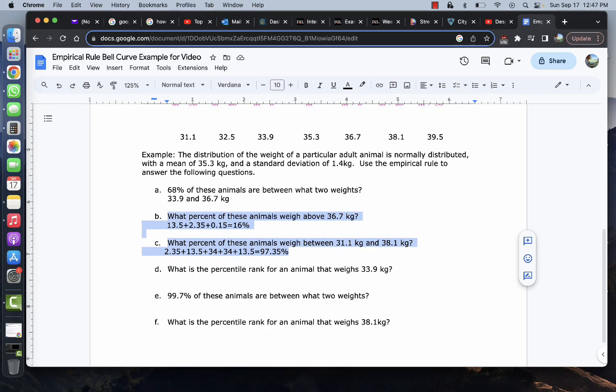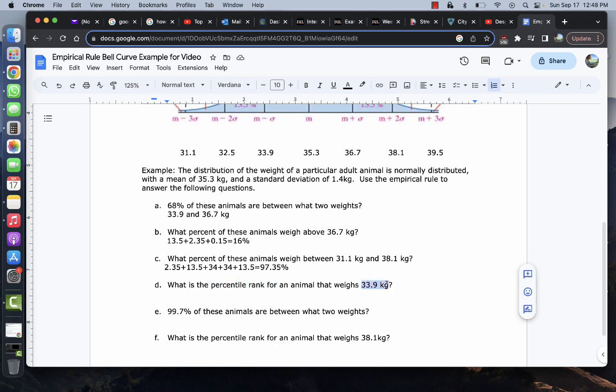Okay, now when we use this term percentile rank, don't forget we talked about percentile rank in a previous video. The percentile rank for any value is the percent below or equal to that value. More specifically, it's the percent of the population that is below or equal to that value.